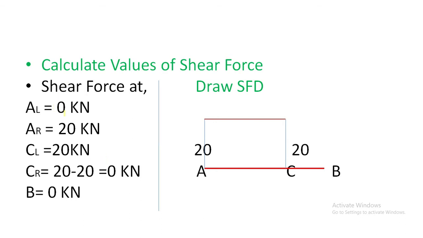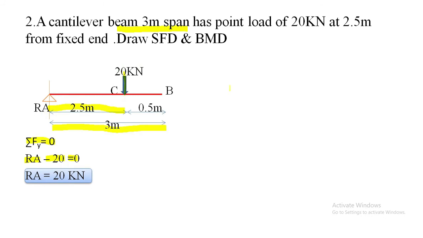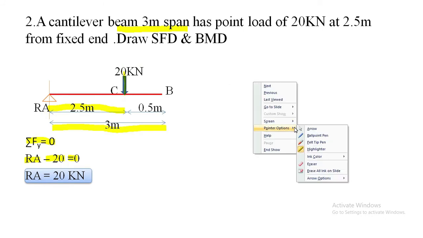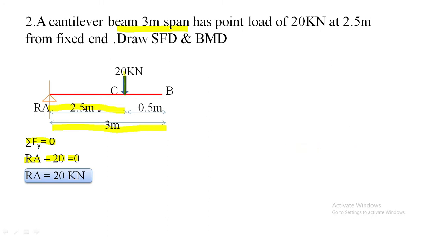The shear force values are: A of left is 0 kilonewton, means now the section line is drawn left to the A. So draw the section line here. Now look left of that section line, there is no force present, so A of left value is 0.